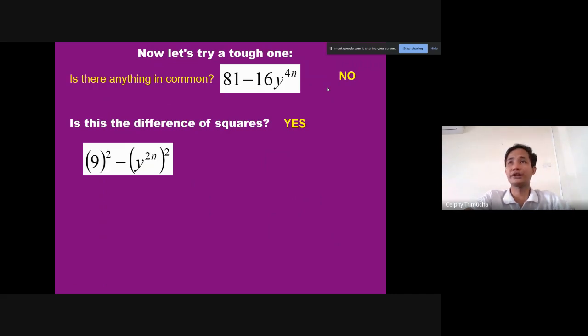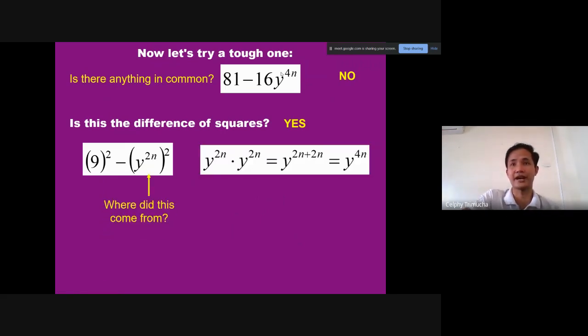Ang y raised to 4n basta even number ang aton exponent, pwede siya ma-express as, okay, so medyo kulang ko guys, we have 4n squared dapat. So sala lang ko guro pagsulat. So where did this come from? Ay, check ko guys, 4n lang. So is this the difference of square?